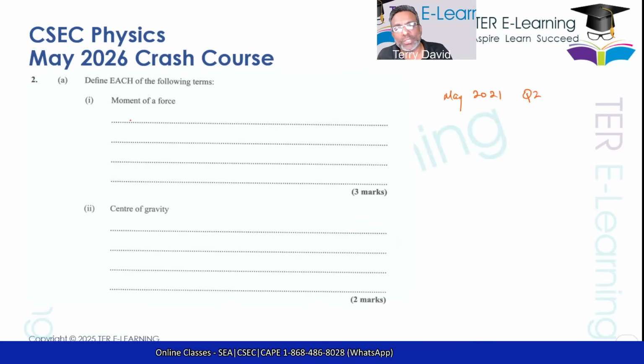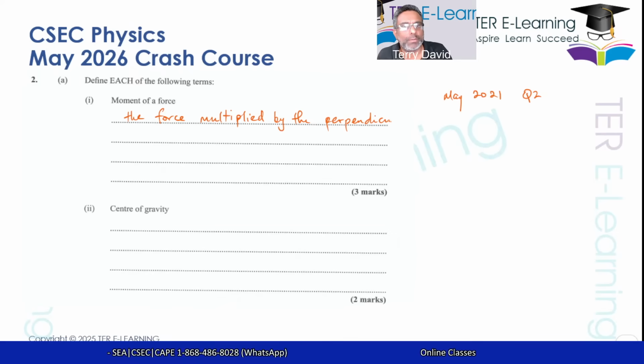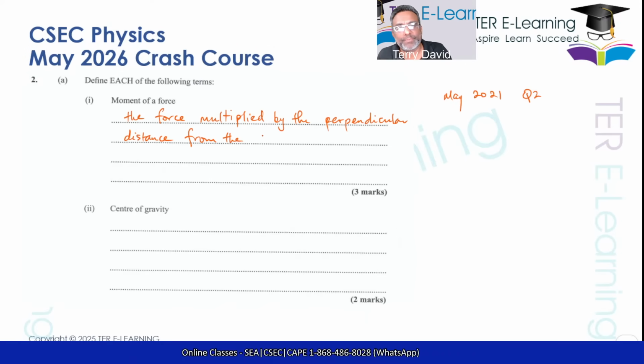So the moment of a force is the force multiplied by the perpendicular distance from the pivot. This is your definition for the moment of a force.